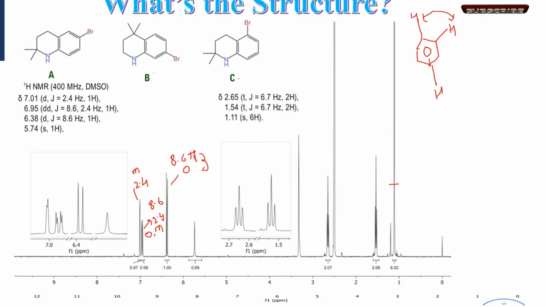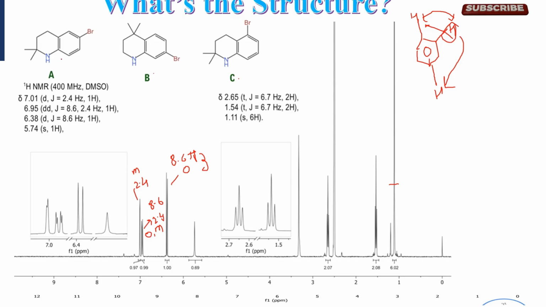This will have ortho coupling with this proton, and this will also have ortho coupling with this proton. Similarly, the proton here will also have meta coupling with this. So this indicates we have this kind of substitution in the given compound.